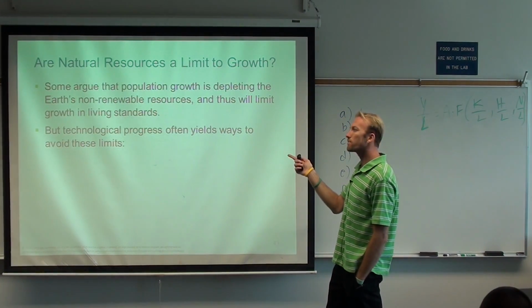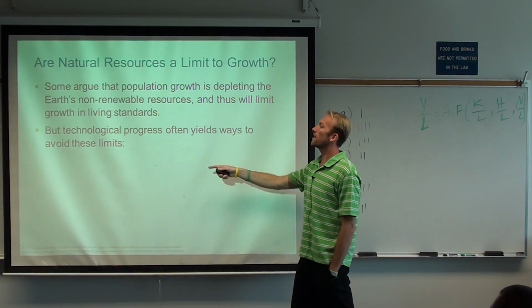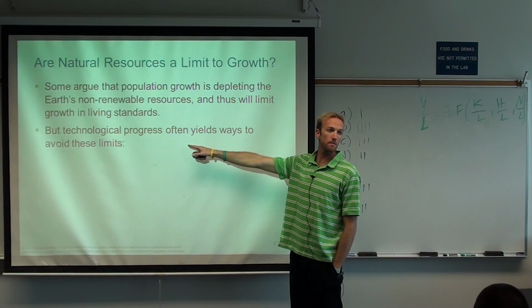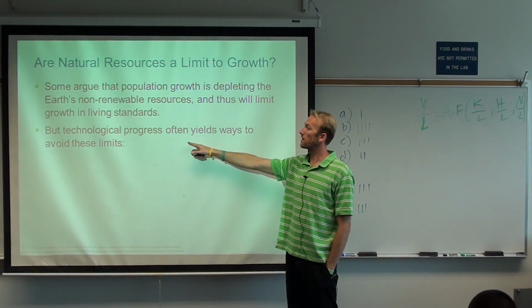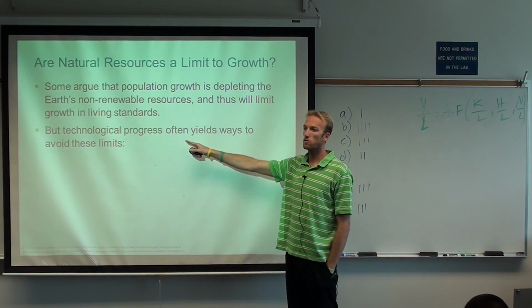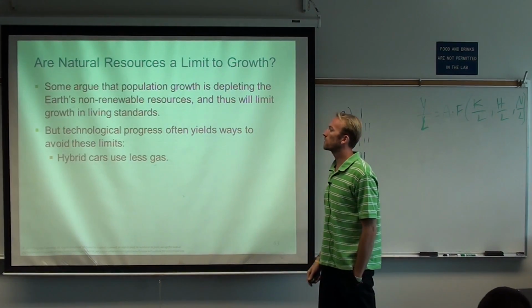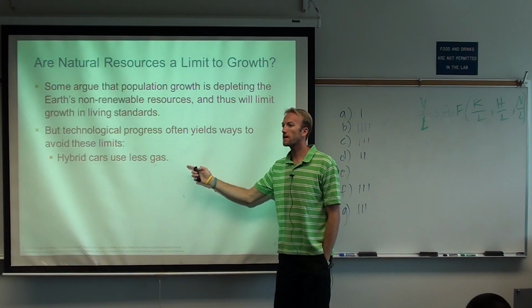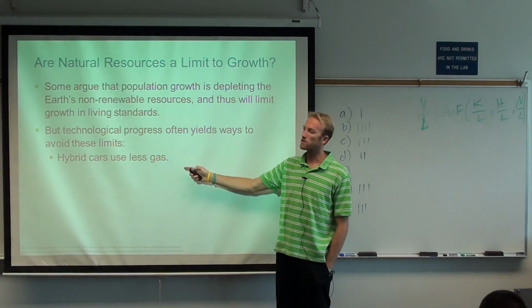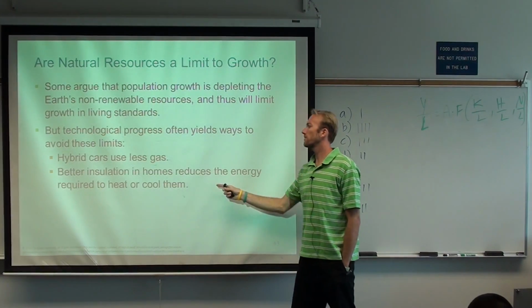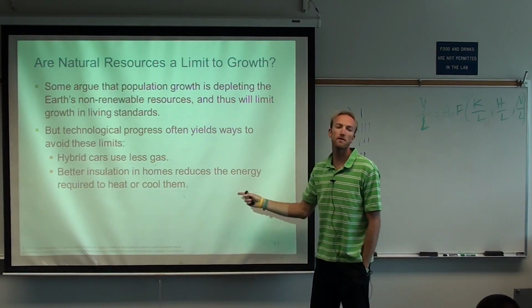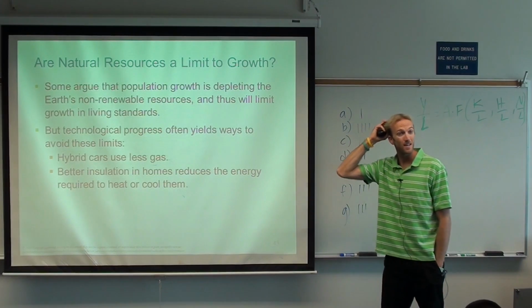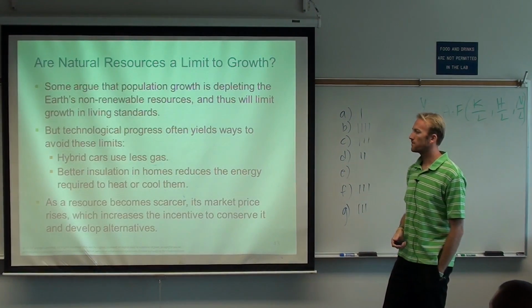So yes, perhaps true, but often what happens is before we run out of something, we end up finding a technological workaround, right? So as we're starting to run out of oil, we develop hybrid cars, right? As we start running out of maybe coal, we have maybe better insulation in homes, so we have to use less for heating, right?